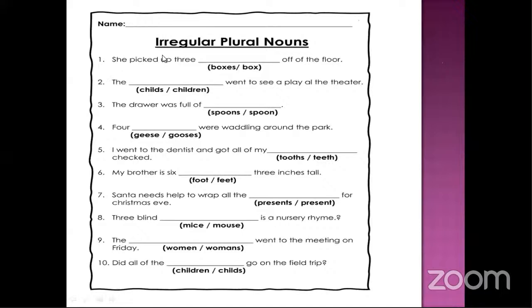Now look at the first one. She picked up 3 blank off of the floor. You have provided 2 words within brackets: box, boxes. She picked up 3. So what could be the first answer?